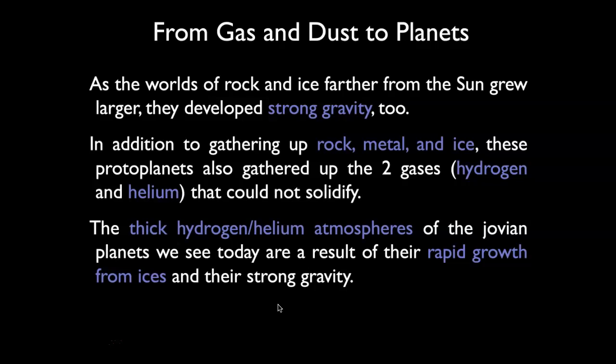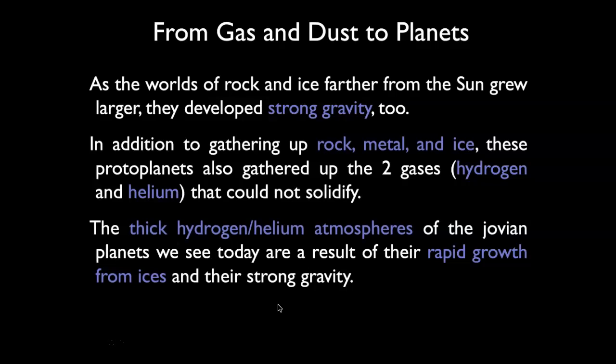And once those protoplanets get massive enough and their gravity gets strong enough, they can start accreting the gas itself out of the disk. Their gravity becomes so strong that they can just start sucking the hydrogen and the helium gas out of the disk. And all of that gas piles up onto the planet, piling up and piling up until eventually the planets end up being mostly gas. Those are the Jovian planets.